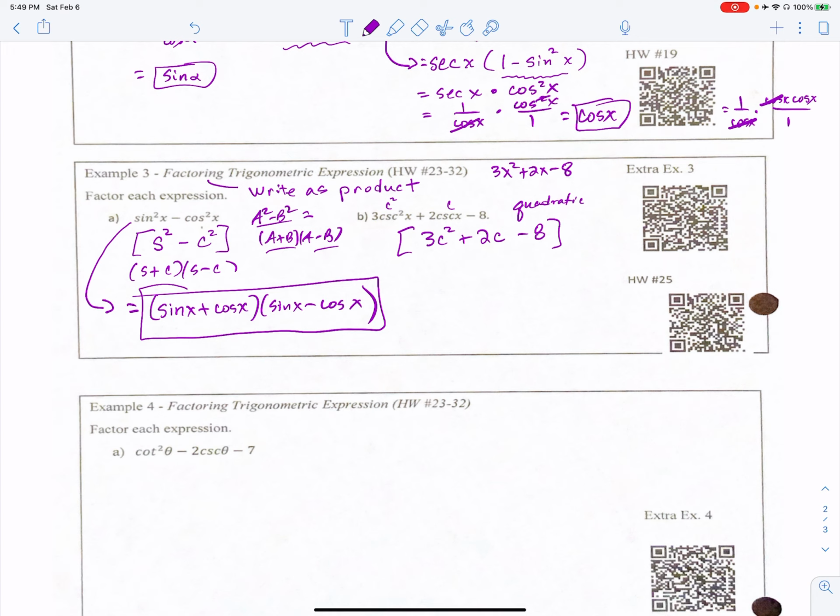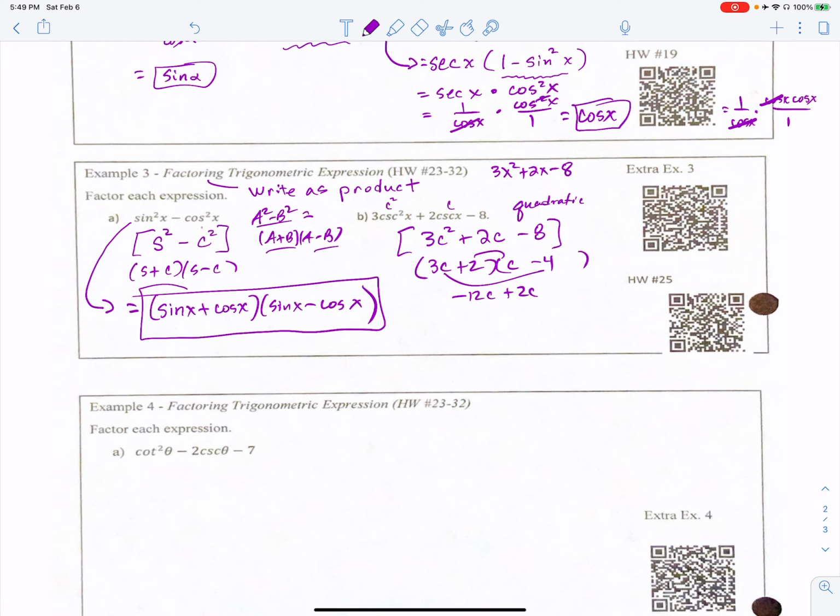To factor this, to get a 3c squared, I need a 3c and a c. And then I need things that multiply to be a negative 8. But when I do the outer and inner products, I need a plus 2c in the middle. If I tried plus 2 and minus 4, this would be a minus 12c and a 2c.